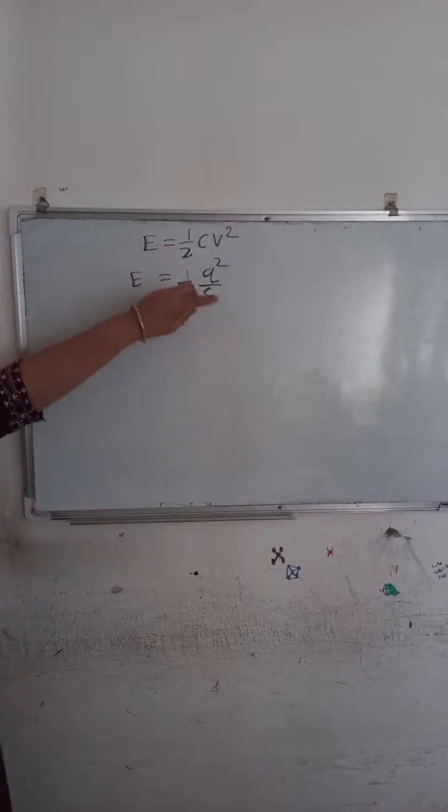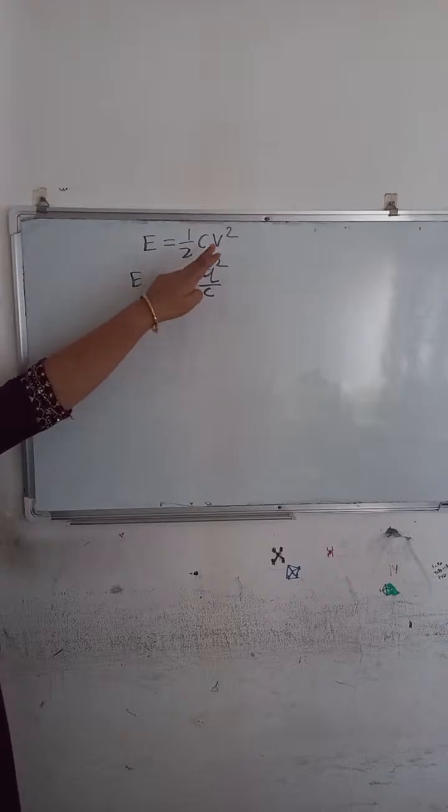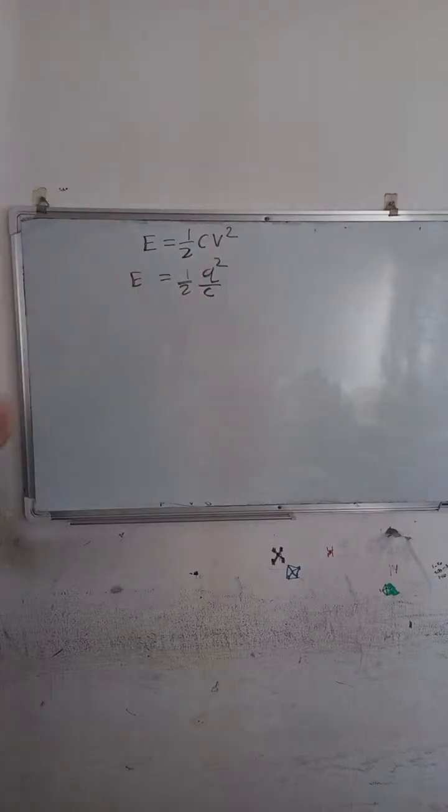Once we get half CV square, we substitute C is equal to Q by V and V is equal to Q by C, and we get half Q square by C.